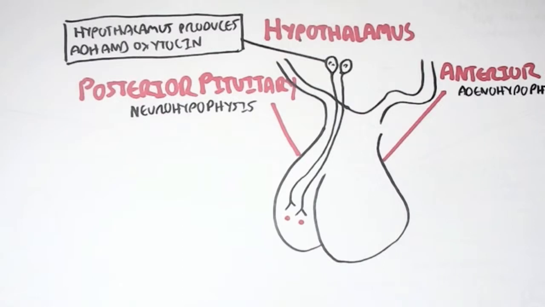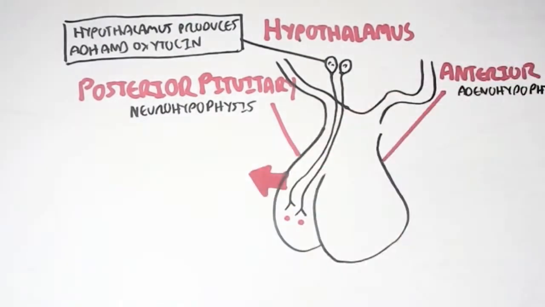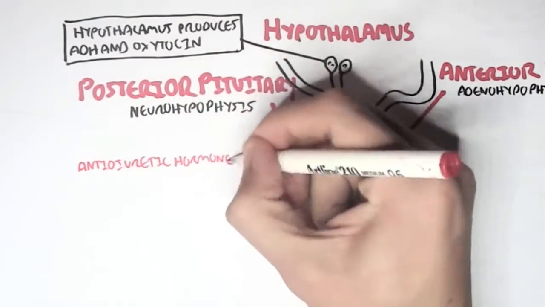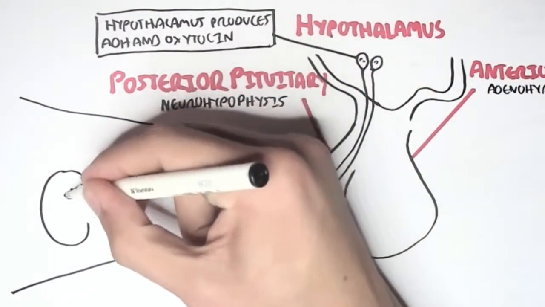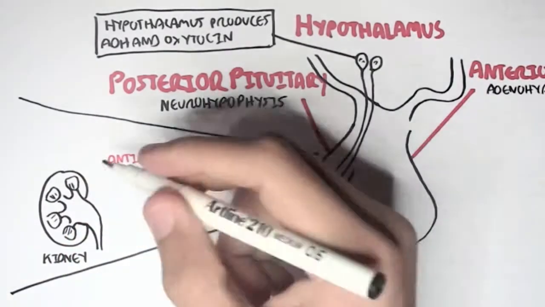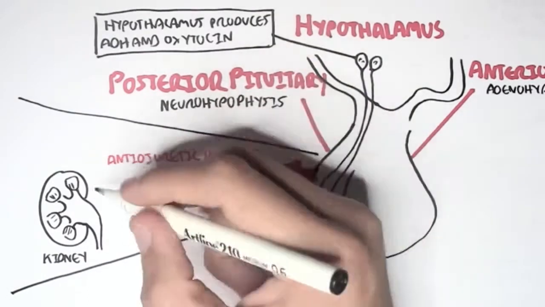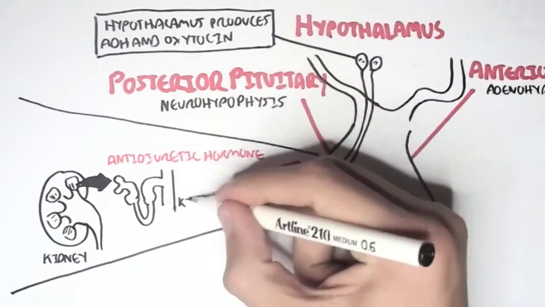And so from here, when a stimulus arrives, stimulating the secretion of these hormones, the posterior pituitary can then secrete them. So the posterior pituitary can secrete the antidiuretic hormone. The antidiuretic hormone's main function is for water retention, so it targets the kidneys, particularly the kidney tubules.